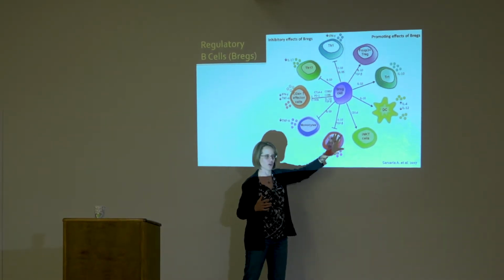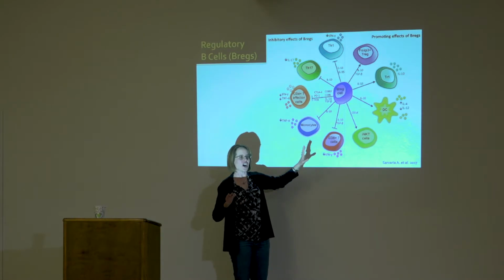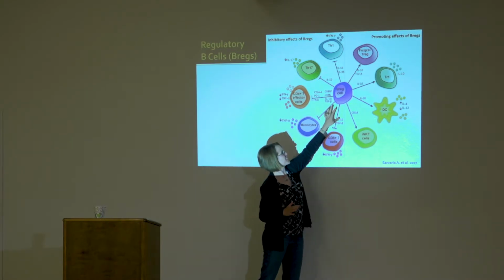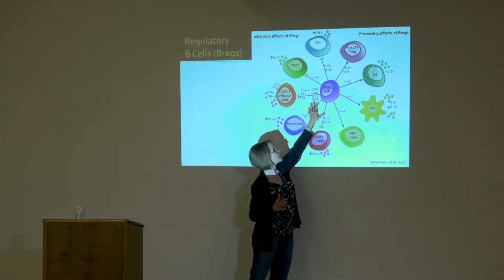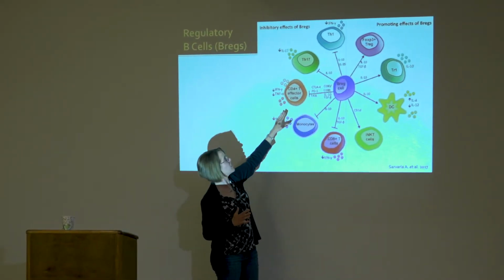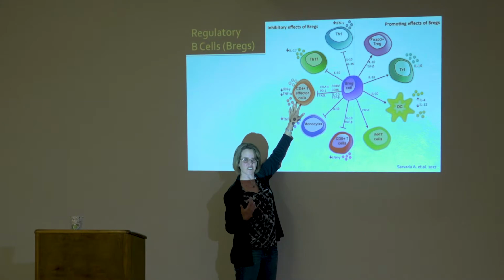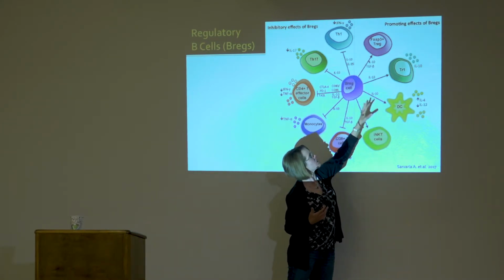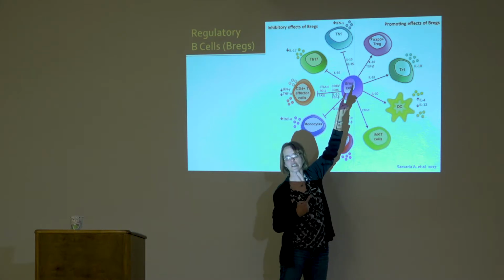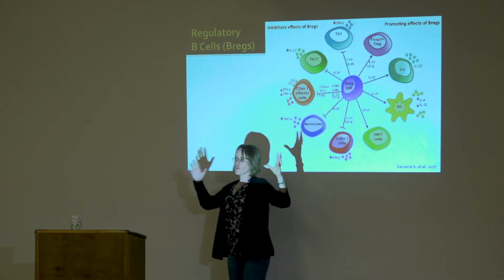And no, you don't have to know what all of these different things mean. The important thing to notice here is that they produce a lot of cytokines that do a lot of different things. Sometimes they're inhibitory, so we can block things like T effector cells and monocytes. Sometimes they're stimulatory, so they can actually increase T regulatory cells.